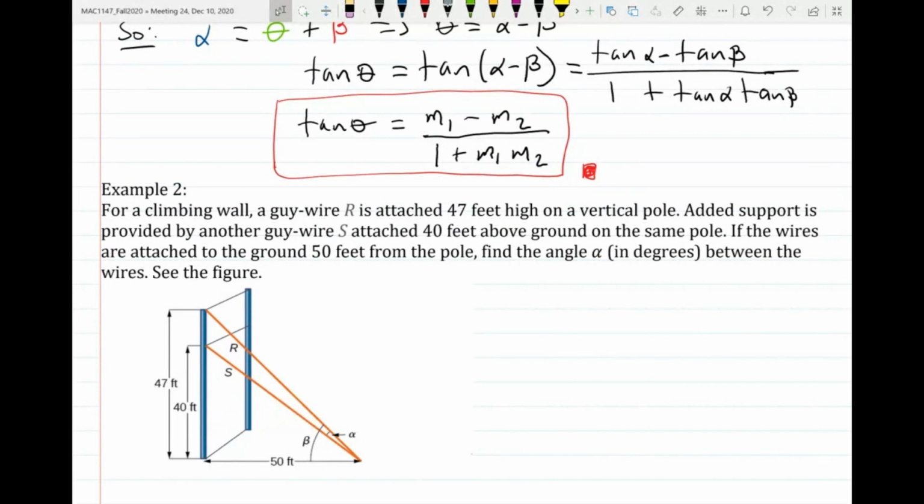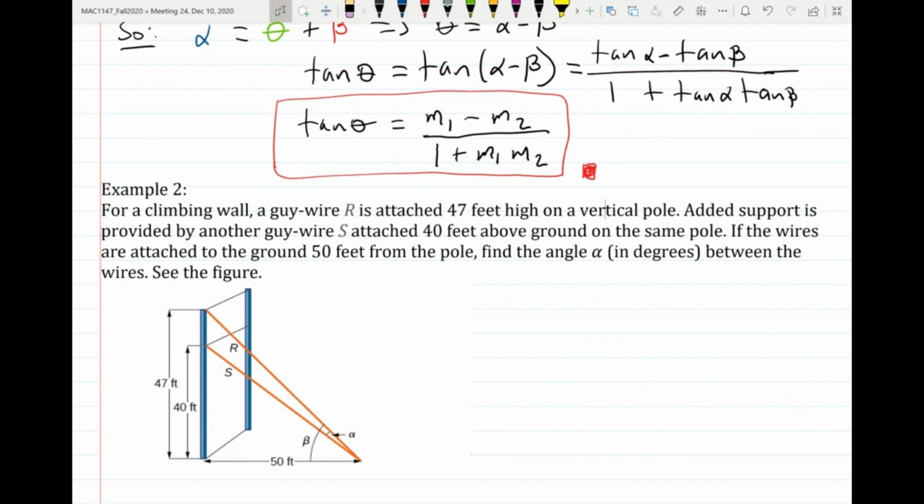Added support is provided by another guide wire S 40 feet above the ground on the same pole. If the wires are attached to the ground 50 feet from the pole, find the angle alpha in degrees between the wires. In other words, there is that little angle alpha between the wires. The question says to find it.